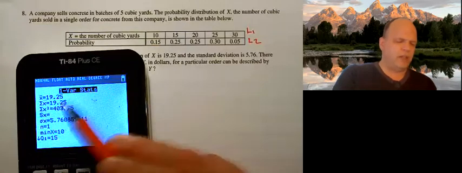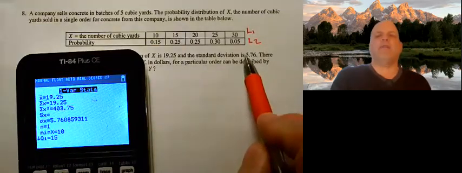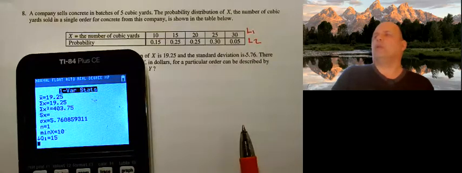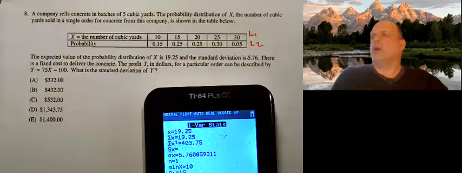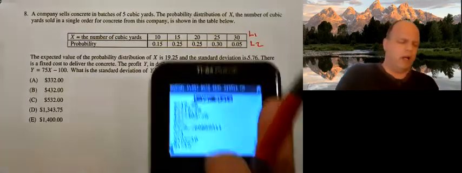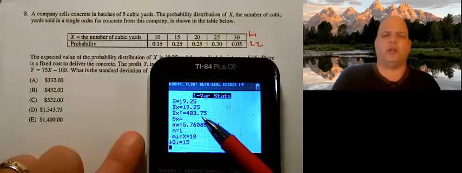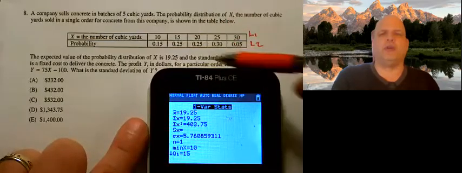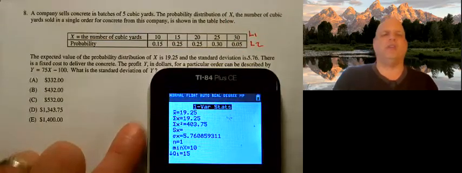Sure enough, I get 19.25 and 5.76. And I'm going to pause this for just a moment. All right, having thought about it, I'm going to continue on with what we're doing right now, and then I'm going to show you a little extra work. I just wanted to make sure that we could actually calculate those. So we calculated the 19.25 and the 5.76.